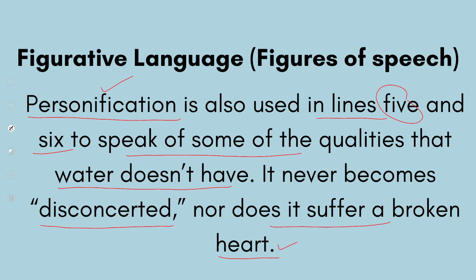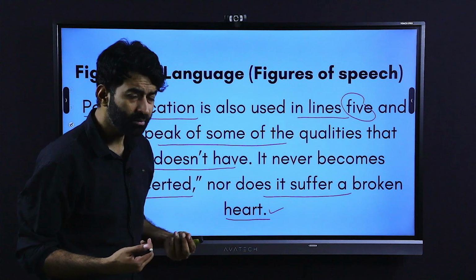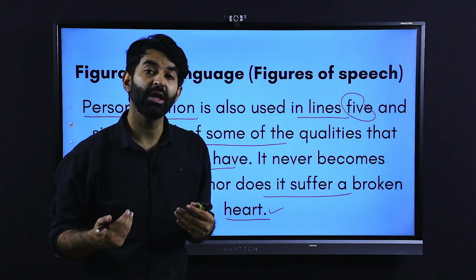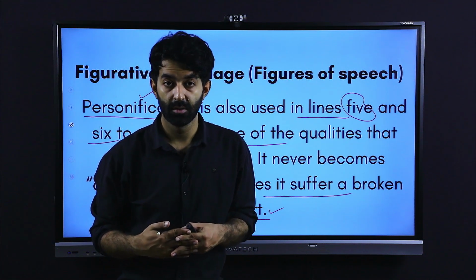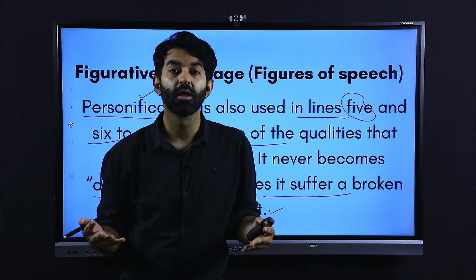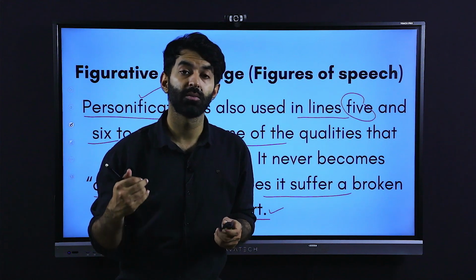So we know that hearts are always used for humans. Now, we are talking about it in the connotative meaning. We know that water is not a human, so we used personification.